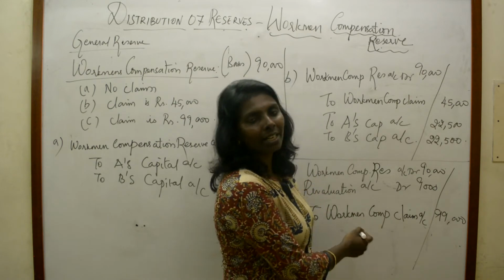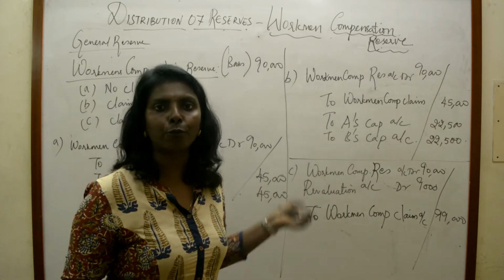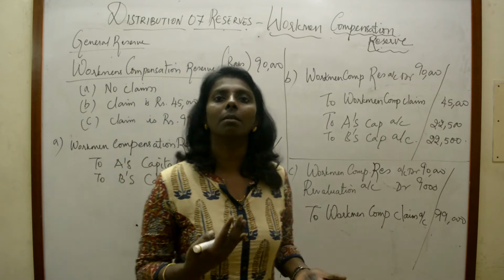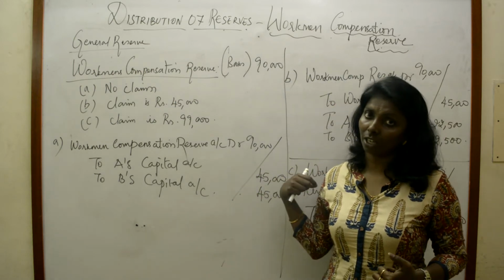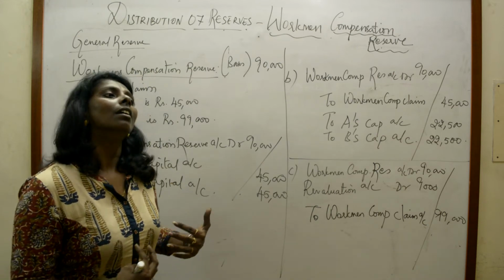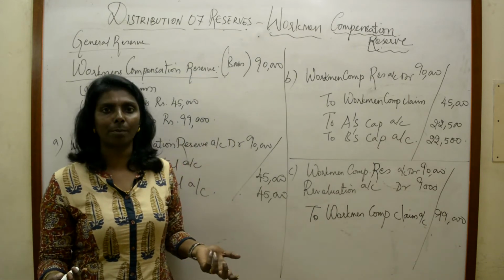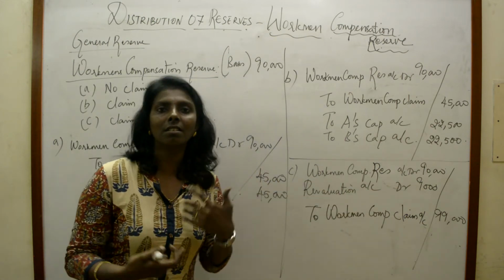So in this case, what happens? The reserve that we have is not sufficient to meet the claim, so even after using the reserve, there is a shortage of 9,000, and I've used the revaluation account. When I use the revaluation account, what does that mean? It means it's an extra amount that the partners naturally have to contribute. So this is like a loss on revaluation which the partners have to bear.